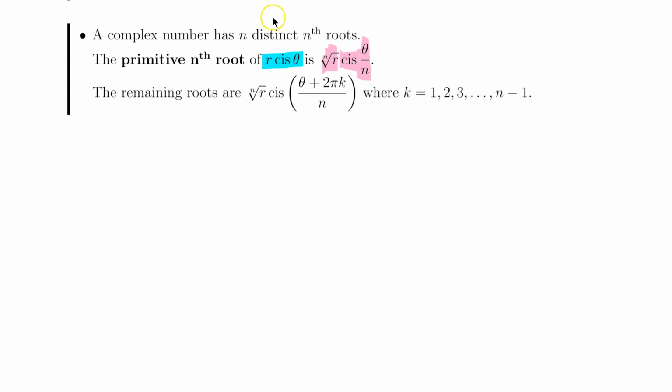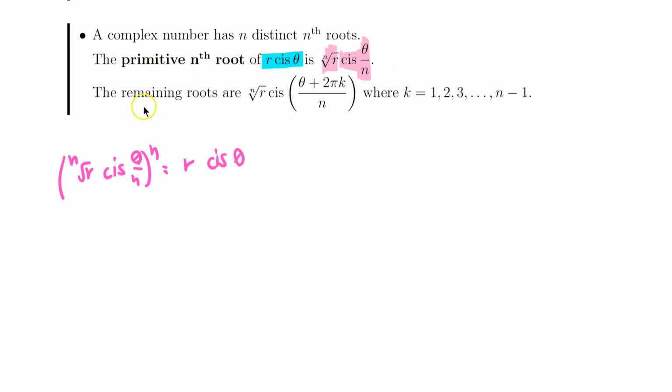Now, the reason why this definitely serves as an nth root is that if I raise the nth root of r cis theta over n to the n power, the nth power of the nth root of r is going to be just r, and then this is cis, and I multiply n to the angle here, so I get theta. So the nth power of this guy is just r cis theta. So this guy is definitely one of the nth roots of r cis theta.